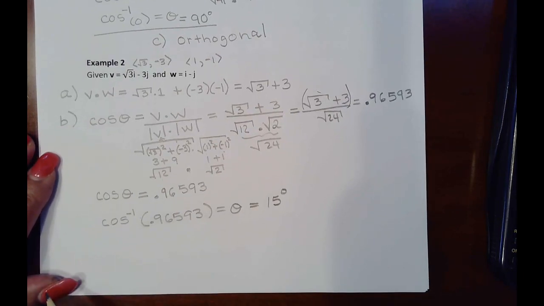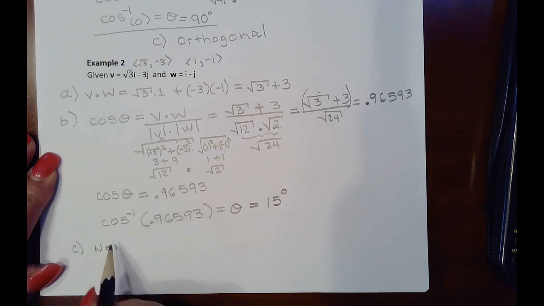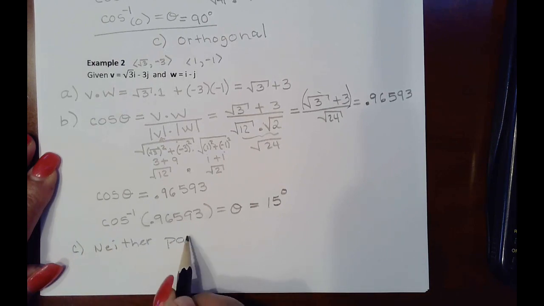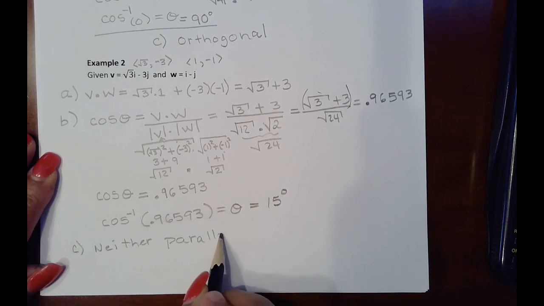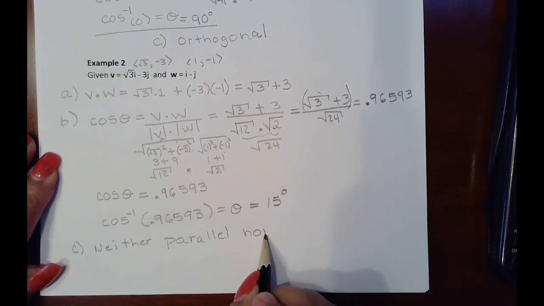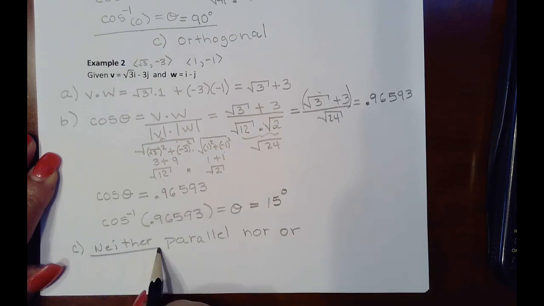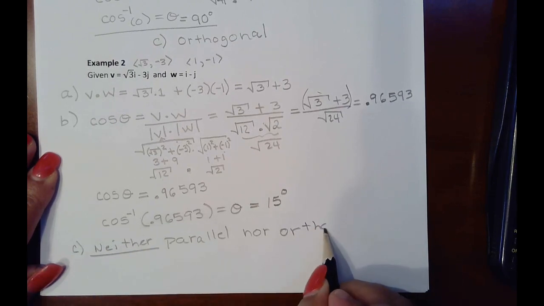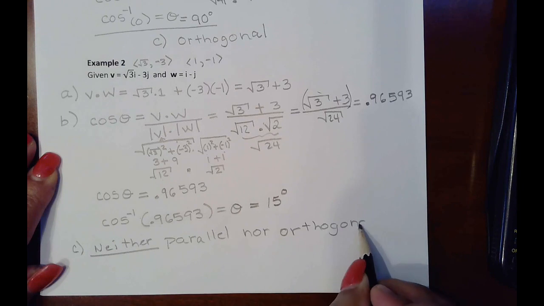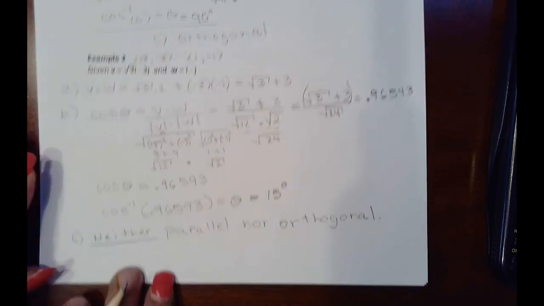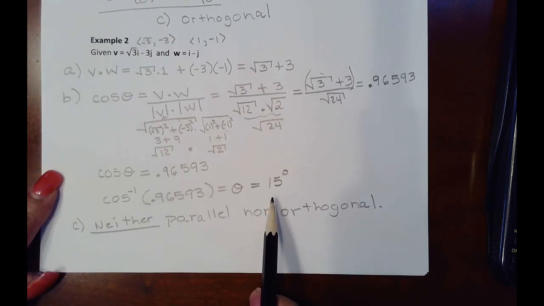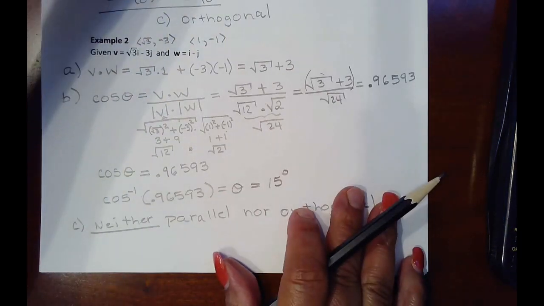So they're not parallel and they're not perpendicular. And so we say that they are neither. They are neither parallel nor are they orthogonal. You can just say neither. And that kind of confirms that they're not orthogonal because there would have been 90 degrees between them.